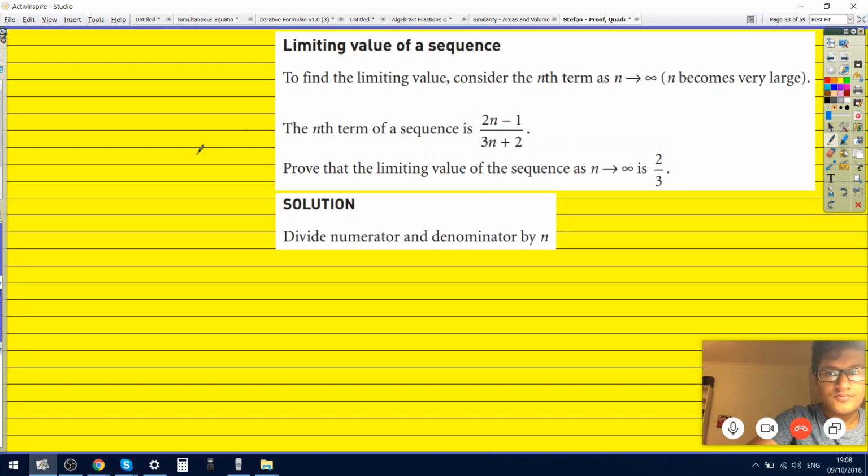So using that, try this one. Find the limiting value, consider the nth term as n tends to infinity. The nth term is 2n minus 1 over 3n plus 2.